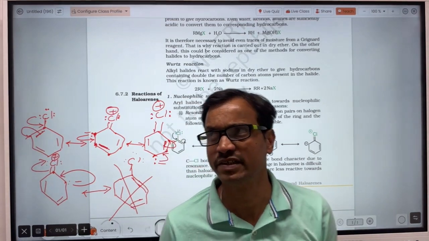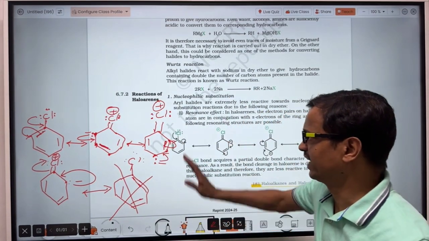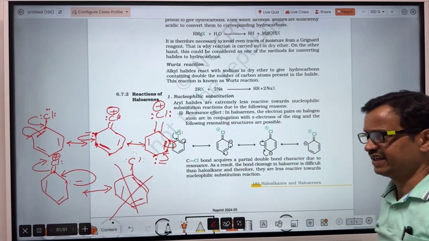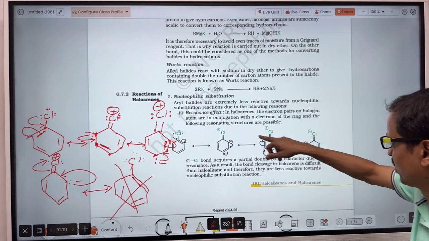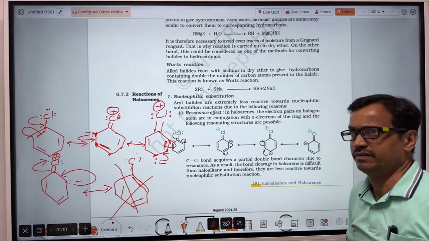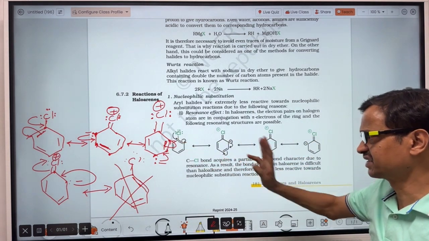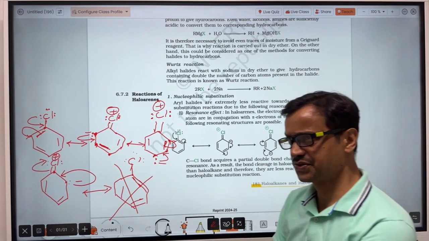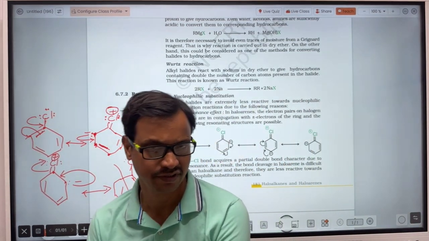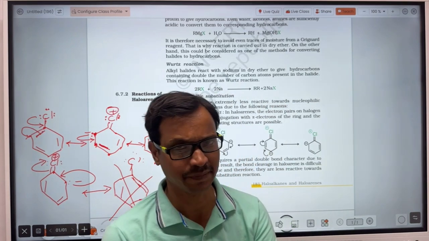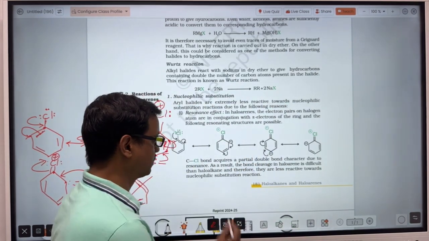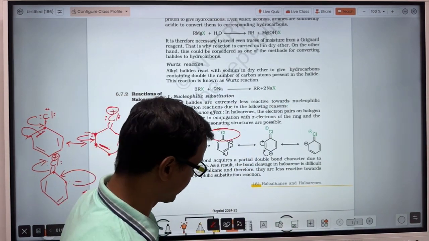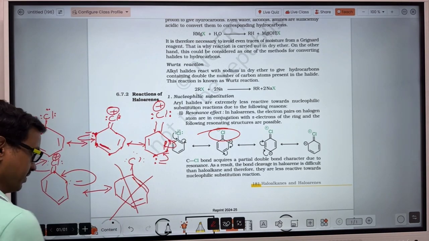So what you have seen here, in case of haloarene, there is partial double bond character in the C-X bond, of which the bond dissociation enthalpy is more. So it will be difficult to cleave the carbon-halogen bond in case of haloarene.